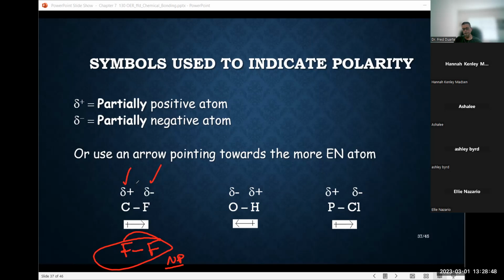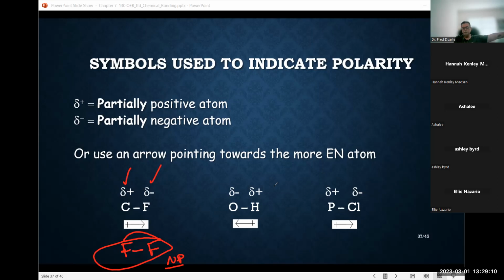The oxygen-hydrogen bond, again, is an A-B scenario, meaning it's a polar bond. But the question is, which direction? Well, find the position of oxygen and hydrogen relative to the fluorine. You'll see that oxygen is much closer to fluorine than hydrogen.